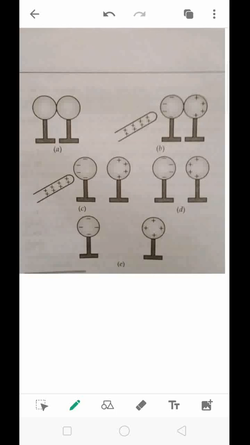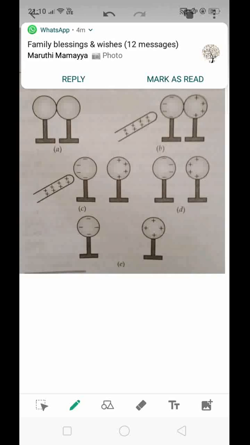Now in case D, the positively charged glass rod is separated from the spheres. Then what happened? Immediately the negative charges present on the first sphere have moved towards the opposite end, and the positive charges present on the second sphere have moved towards the opposite end. That means there is transfer of charges.